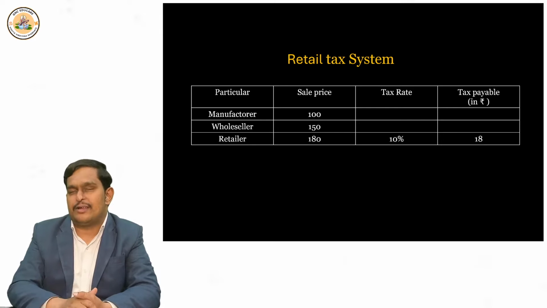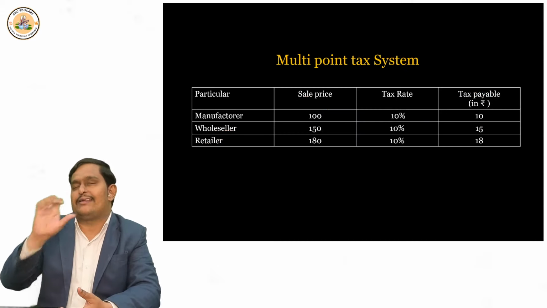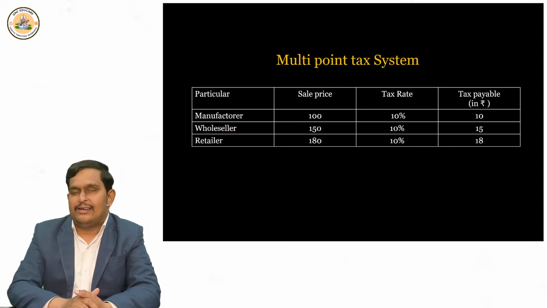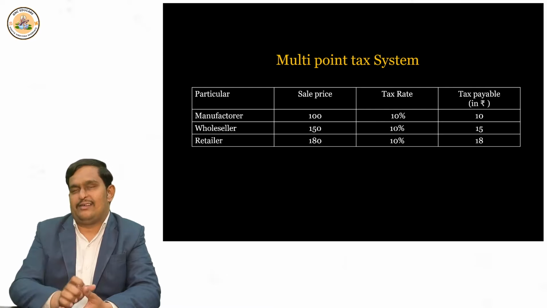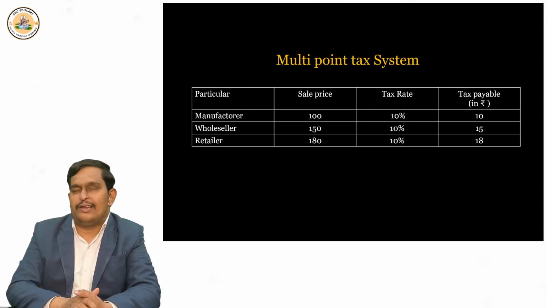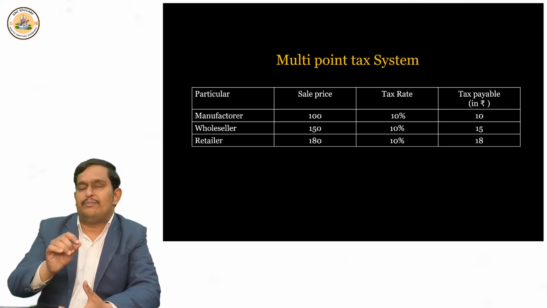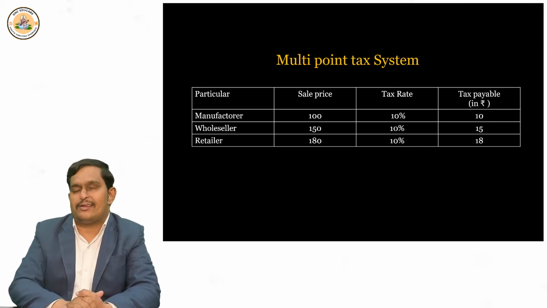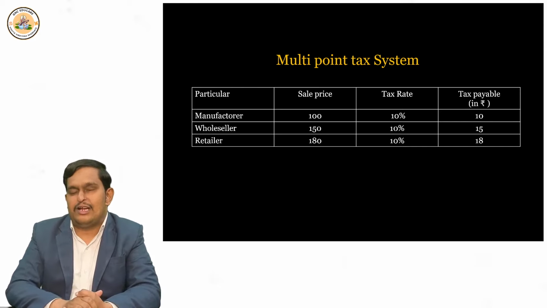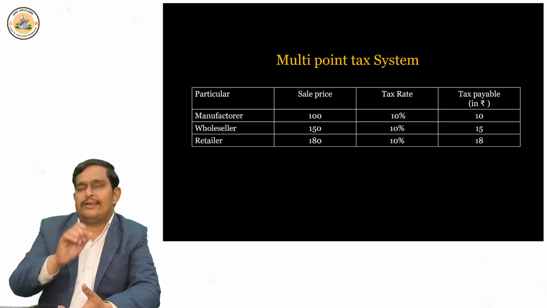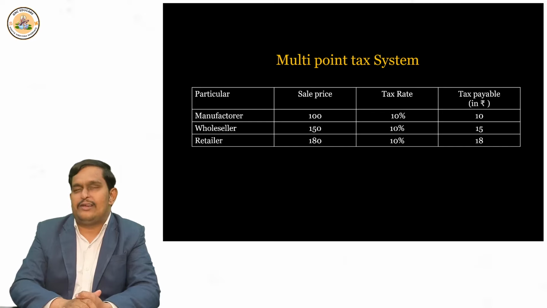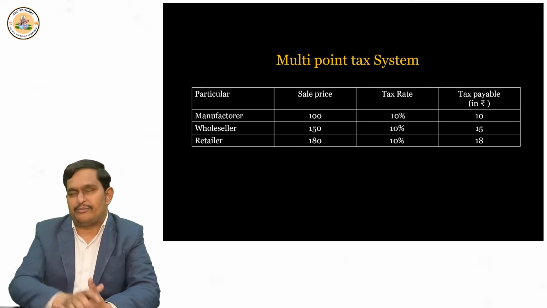Now come to the third system, the multi-point tax system. That means at the manufacturer level, 100 rupees is the price, 10% is the tax, and the government will collect 10 rupees. The second point is the wholesaler: 150 rupees is the price, 10% is the tax, and the government will collect 15 rupees. At the third point, the retailer is the seller: 180 rupees is the price, 10% is the rate of tax, 180 into 10%, 18 rupees is the tax.